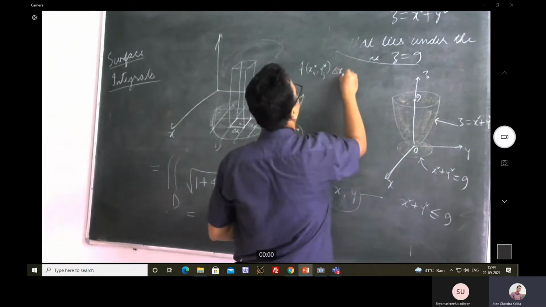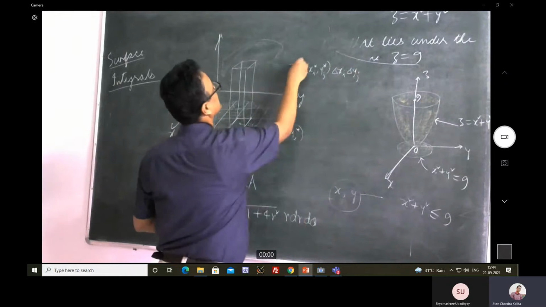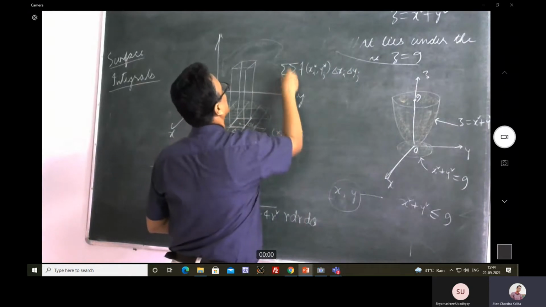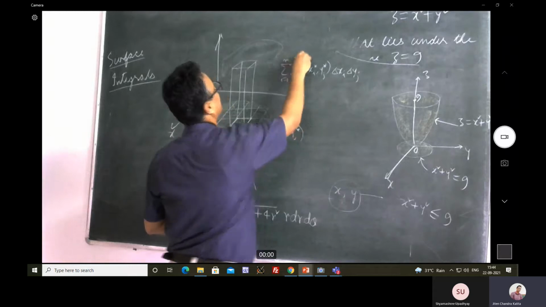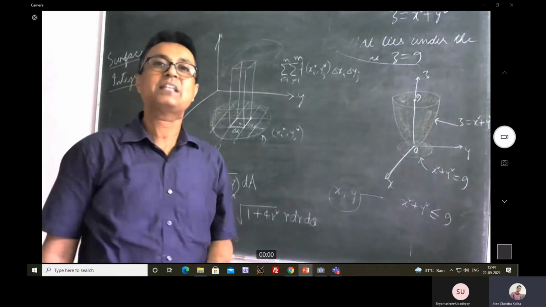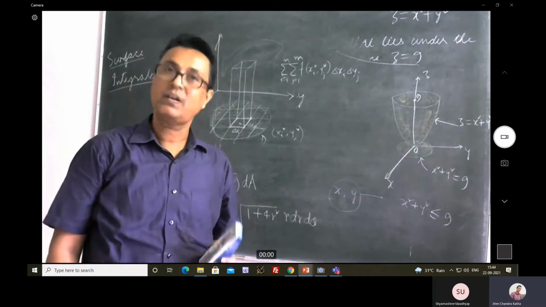Then we simply took the summation, i going from 1 to m, j going from 1 to n, and then we took the limit of this summation as m and n tend to infinity, right?